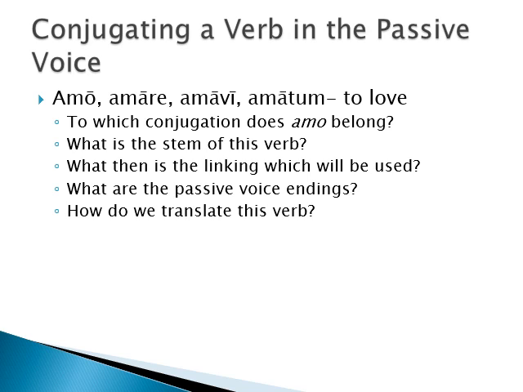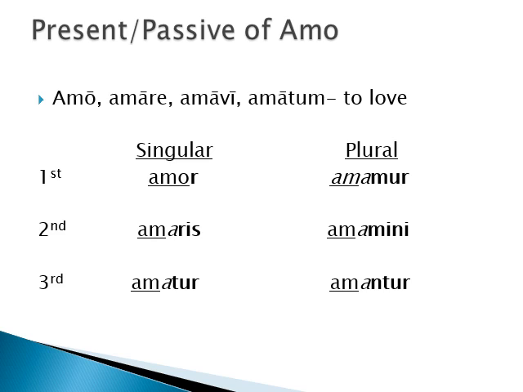You translate it as a form of to be, am, is, or are, and then the past tense of amo, which is loved. Here's how it looks. AMA is our stem. Now, the first person singular ending normally is AMA and an R, so amar sounds kind of harsh.